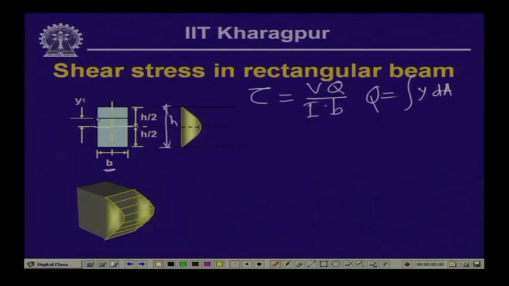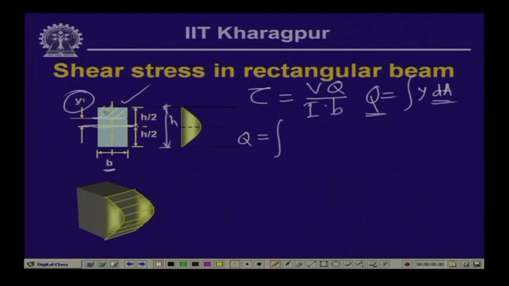Now, we would like to find out the shear stress across this section at a distance of y 1 from the neutral axis. Hence, this is the segment under consideration, above the point at which we are computing the shearing stress. If we compute the value of Q for this section, Q is equal to the integral.